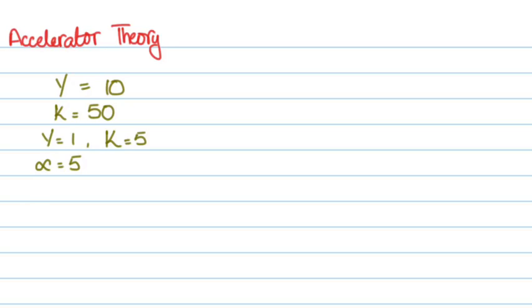So a change in investment is basically a change in capital, because to get more capital you're basically investing more in your resources, and this change in capital is based on alpha times the change in Y. Let's say you had to increase income by 1, which means you increased it by 5 times the change in income of 1.